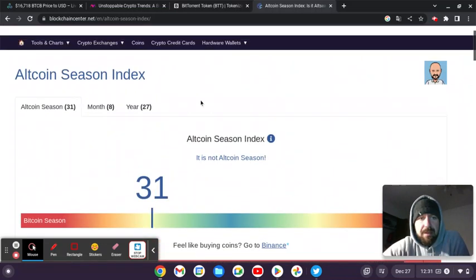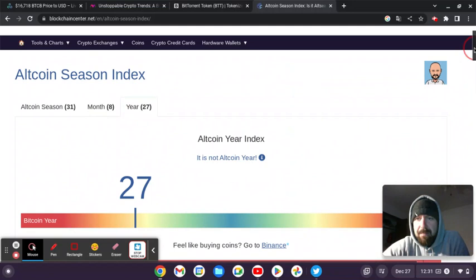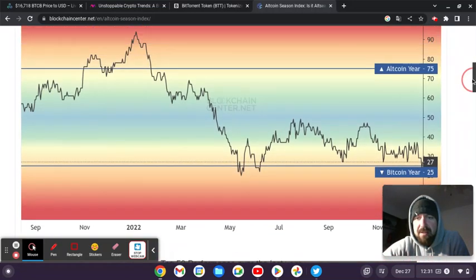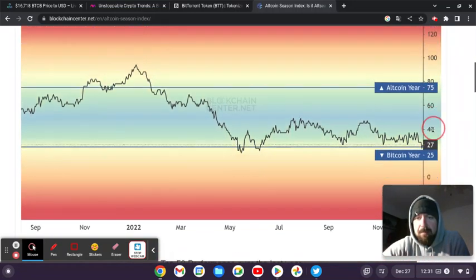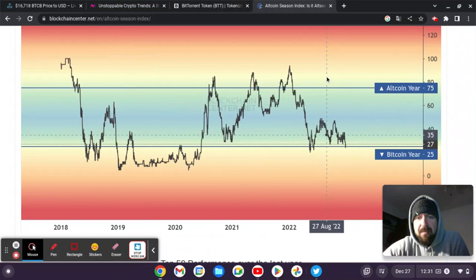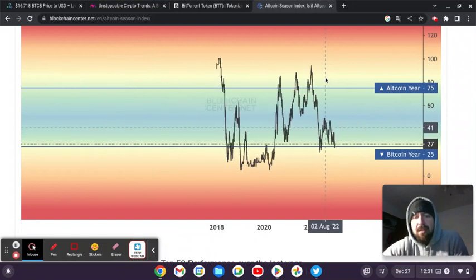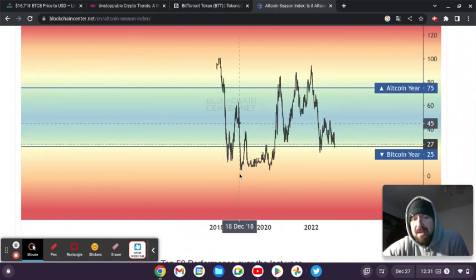So let me find a better look at the altcoin season index by the year. And like this, you can actually see, basically look at this like you would at the RSI. So right here is 50.